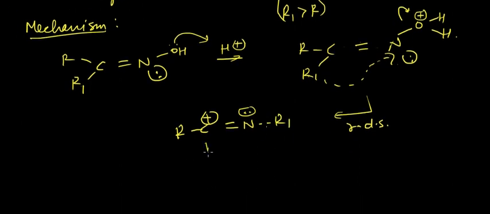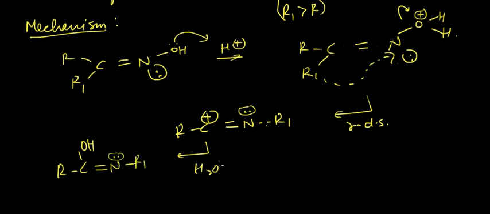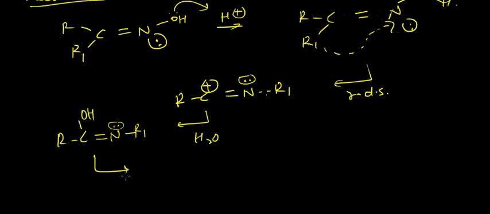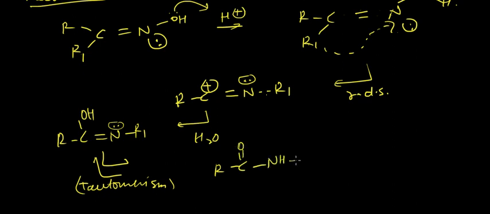Now what will happen is, again on this carbocation, water molecule will act, and as a result we will be having something like this. So this will undergo tautomerism, as a result we'll be getting an amide, or rather a 2-degree amide.